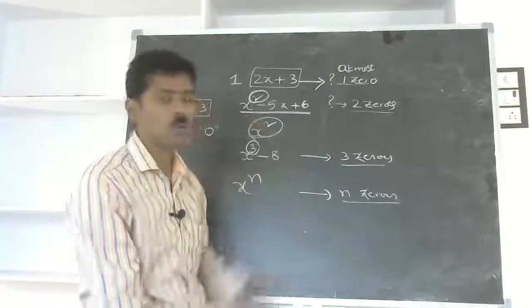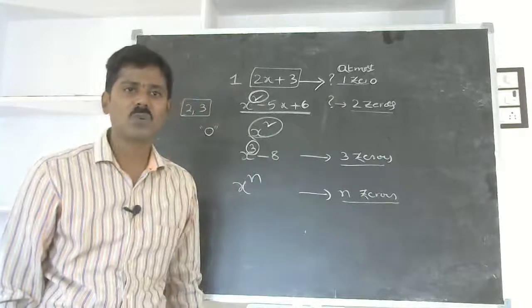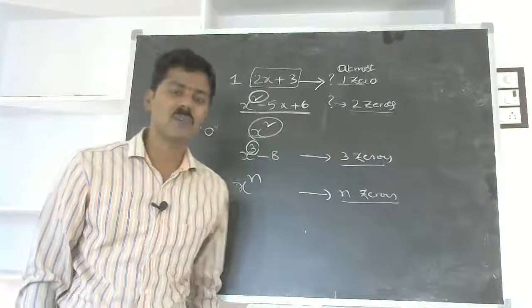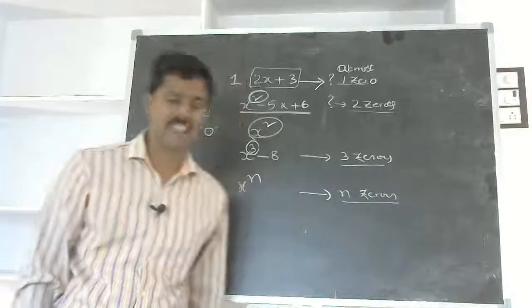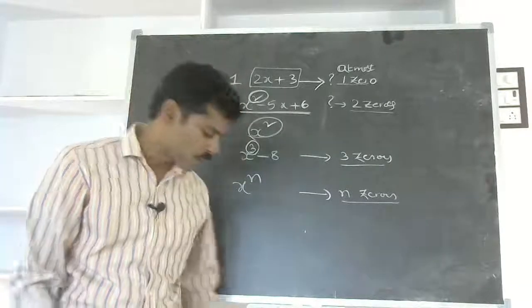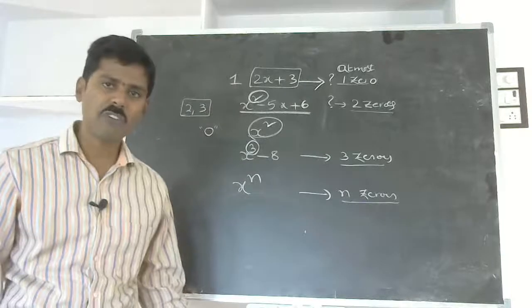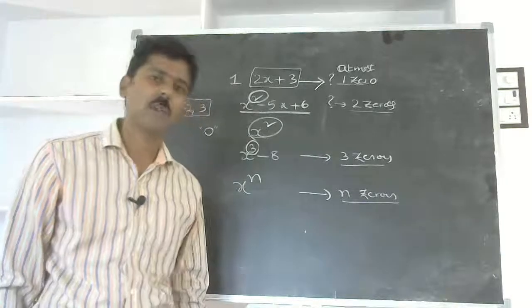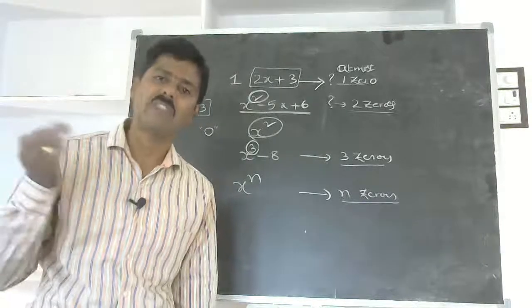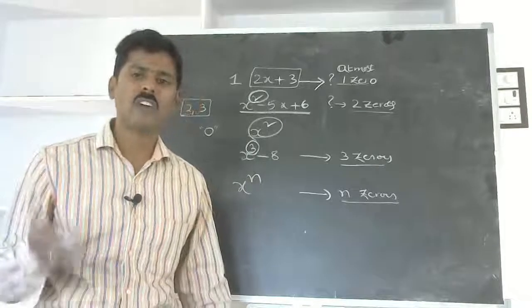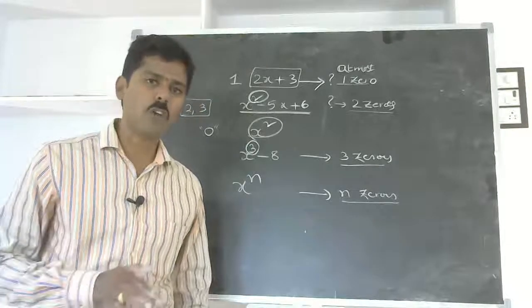That's why I have to use the words at most to clarify the number of zeros of a polynomial of degree n. So students, today we have learned how to find a zero of a polynomial and the number of zeros of a polynomial, and verifying the values of a polynomial whether they are zeros of a polynomial or not.